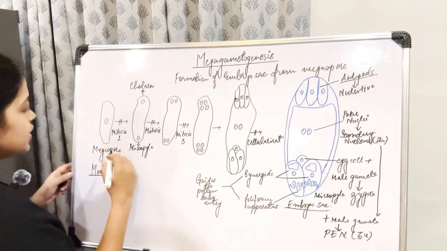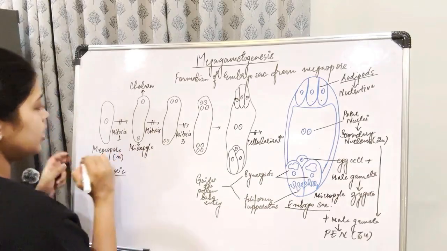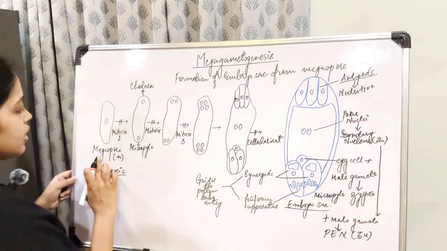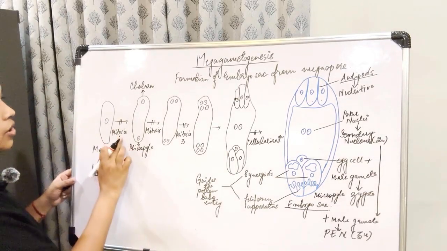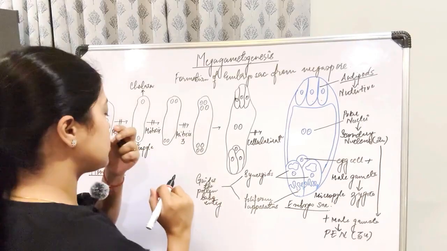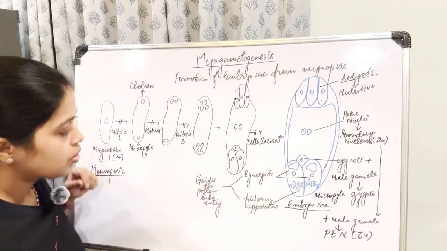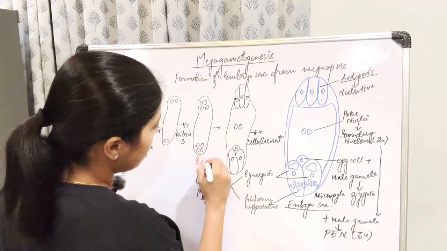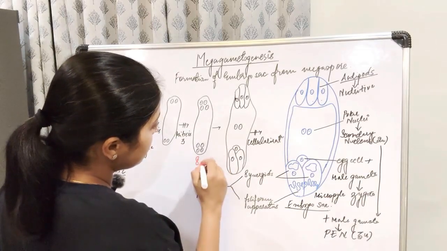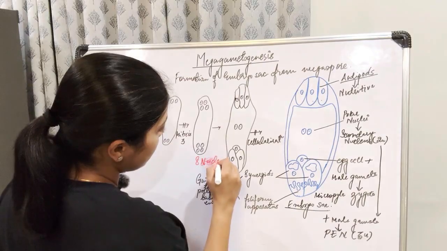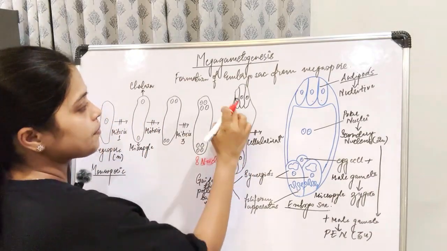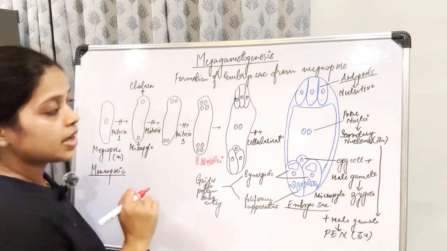This megaspore, which is haploid, the one single megaspore, undergoes 3 rounds of mitosis to form 8 nuclei.